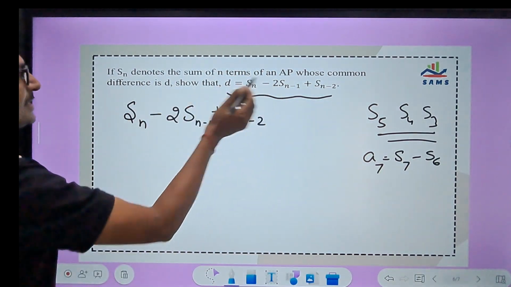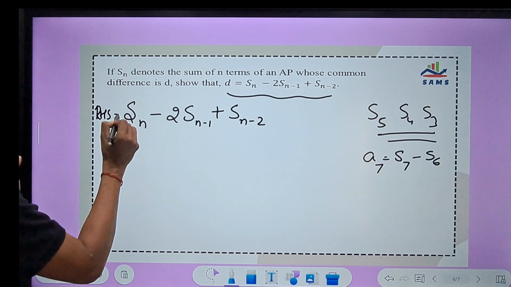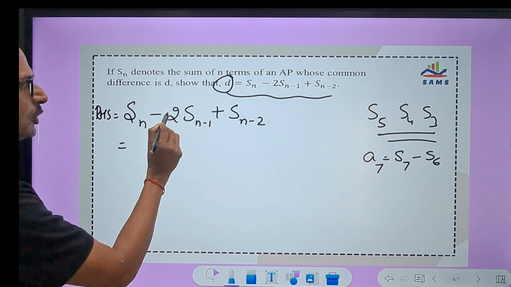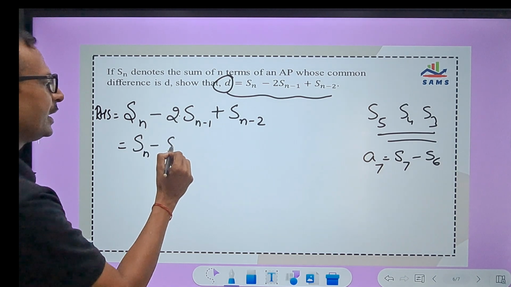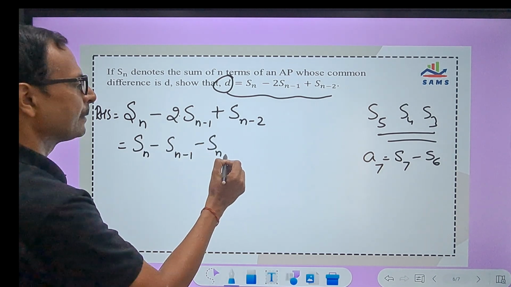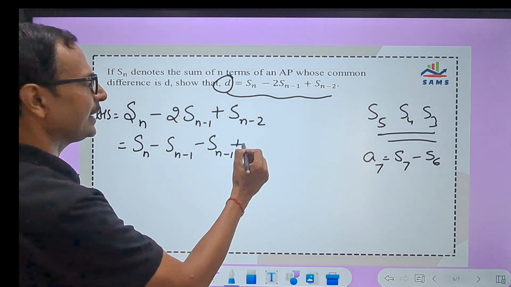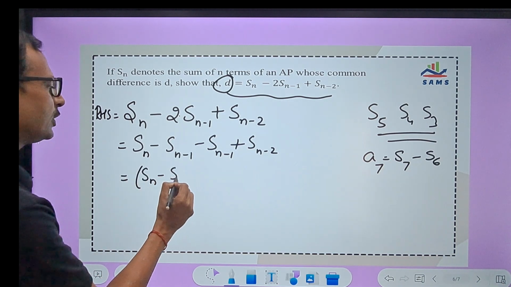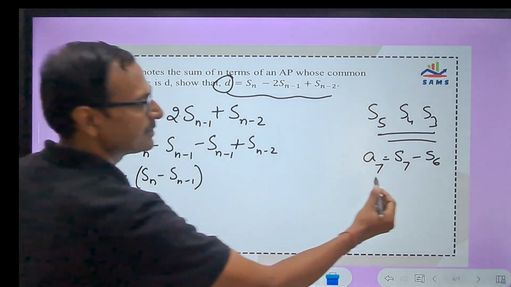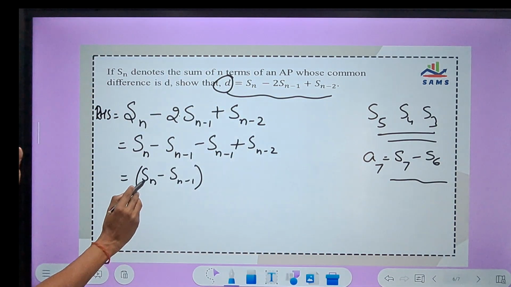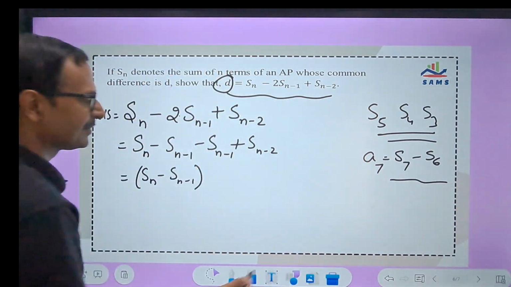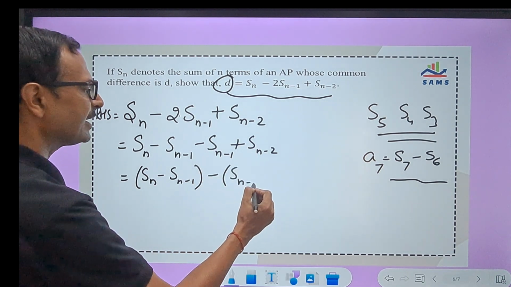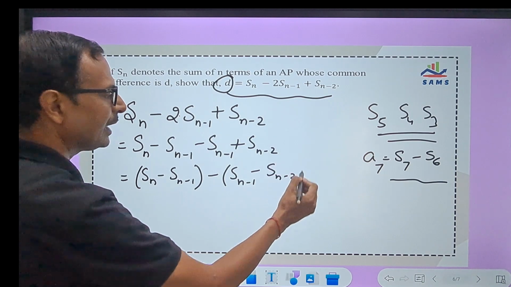So this is the right hand side, RHS. So I am trying to convert it to the left hand side, D now. There is a coefficient 2 here, so I will separate it out. I will write it twice. See, I have written it twice and then Sn minus 2. Now, if you see the first two terms, don't they resemble this? See, n minus 1, 7, 6, right? And between these two, if I take the minus out, I will have Sn minus 1 and Sn minus 2, like this.